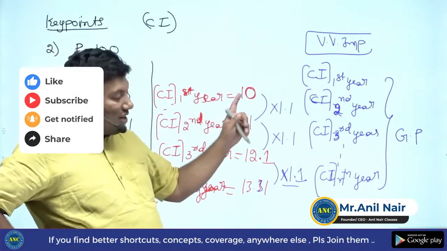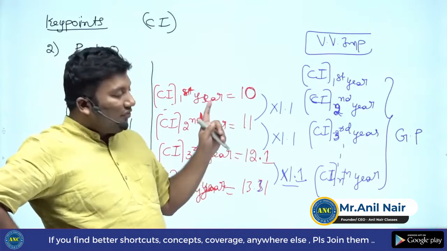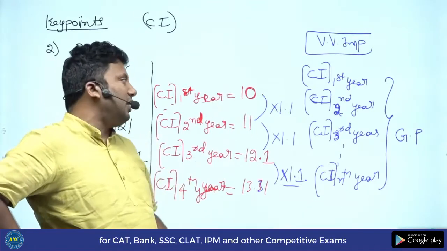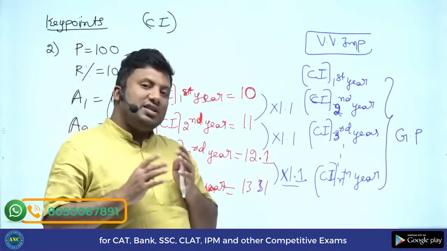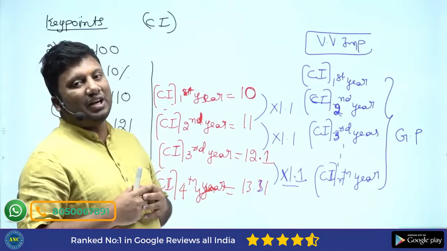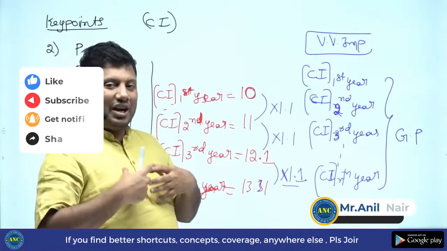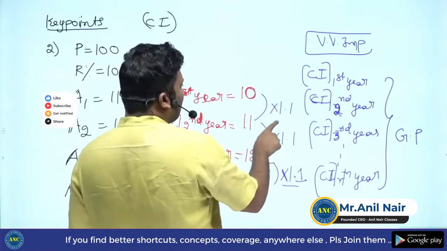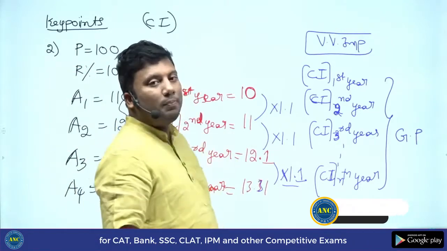CI for the first year, CI for the second year, CI for the third year, CI for the nth year, they are also in geometric progression. If the series is in geometric progression, then the ratio between consecutive terms will be constant. So what is the ratio? 1.1. What is 1.1?